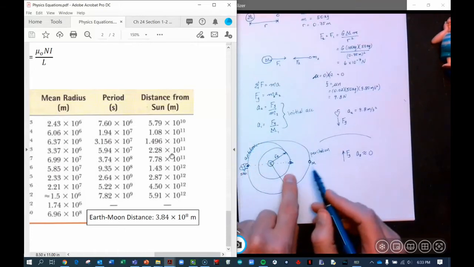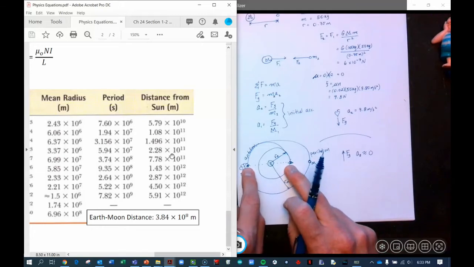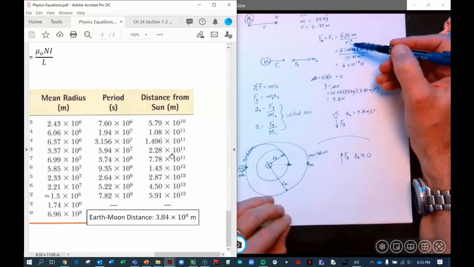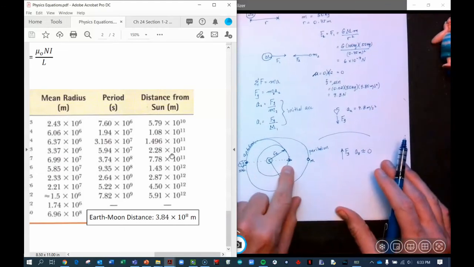So this distance is small, and this distance is quite large, much, much larger. If we remind ourselves of the equation, that r squared term is going to have a tremendous impact. So let's do it.